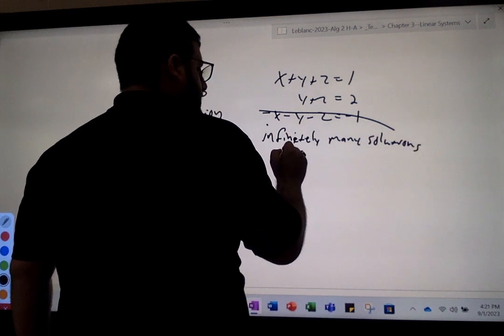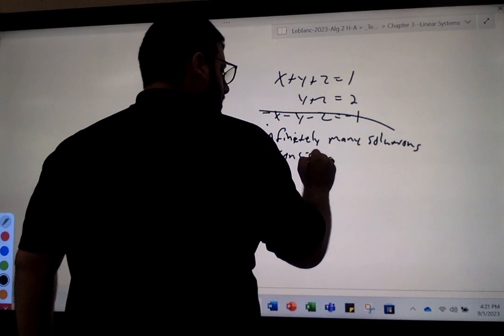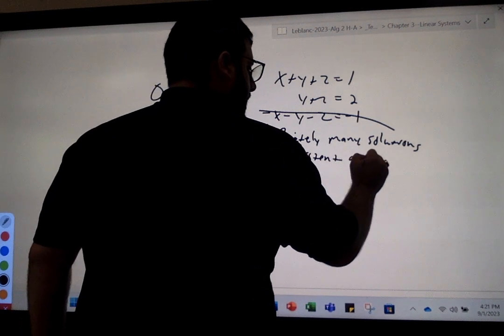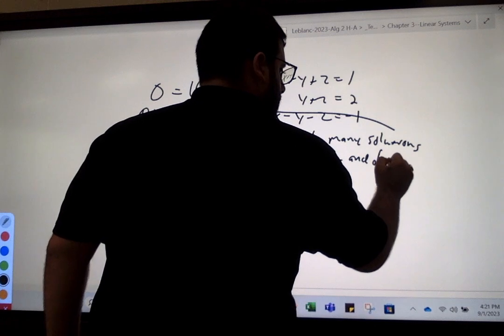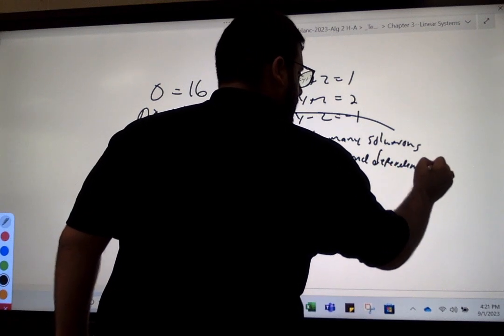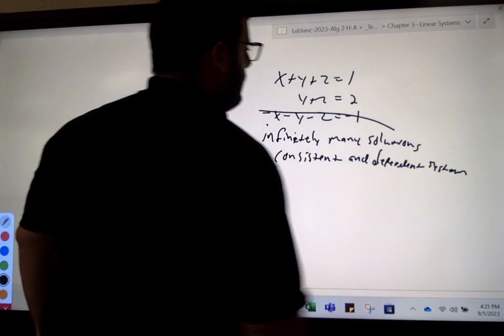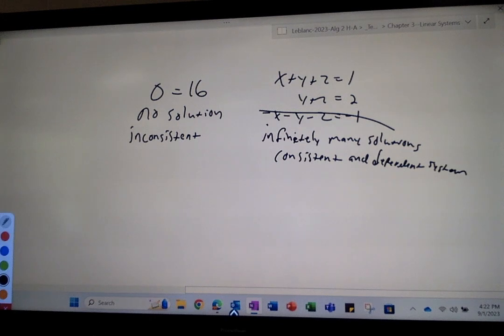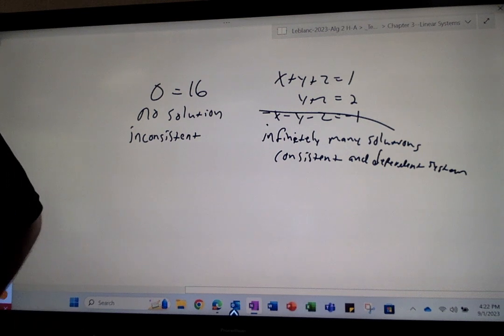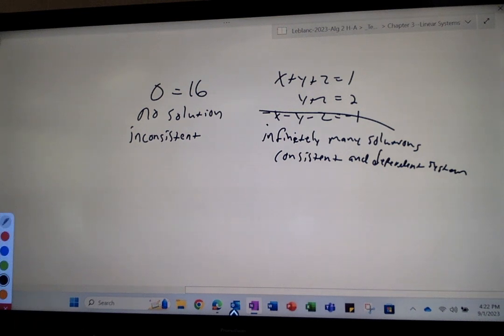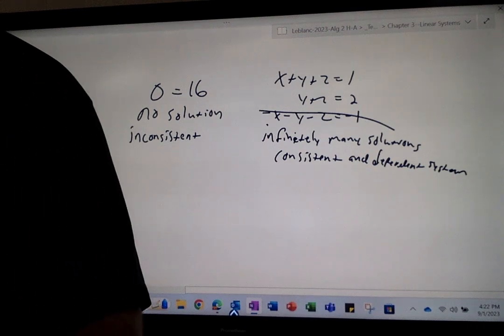Which means that this is a consistent and dependent system. Okay, so we've got to be careful when we're doing our elimination to make sure that we are 100% looking out for both of these situations as well as a normal solution.